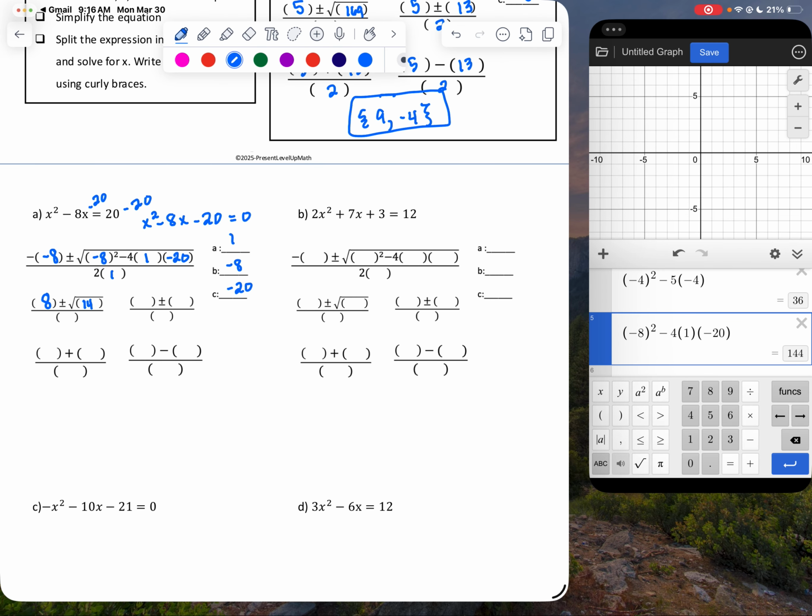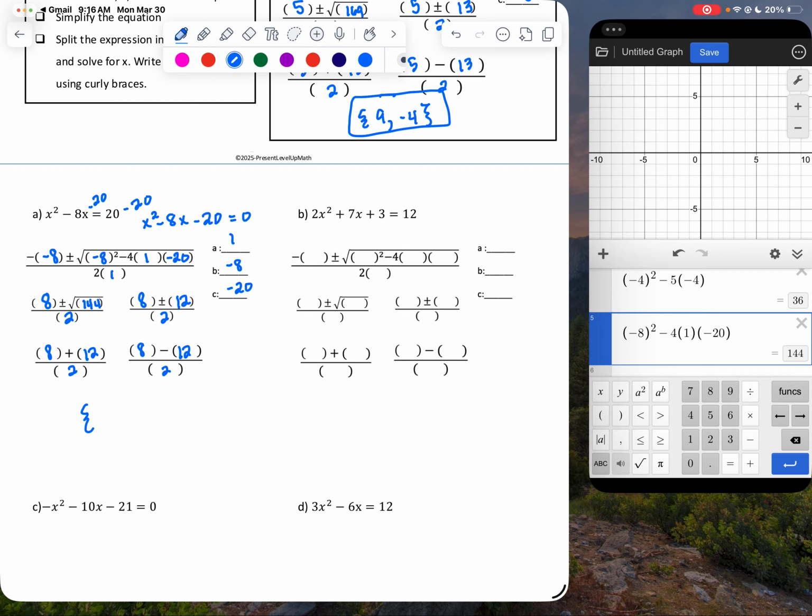That gives 144, all over 2 times 1, which is 2. Now, square root 144 is a perfect square. The square root of 144 is 12. So this is 8 plus or minus 12 divided by 2. I could rewrite this as 8 plus 12 divided by 2, or 8 minus 12 divided by 2.